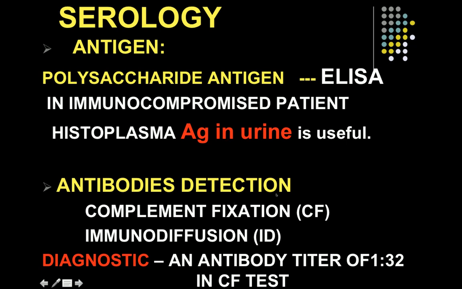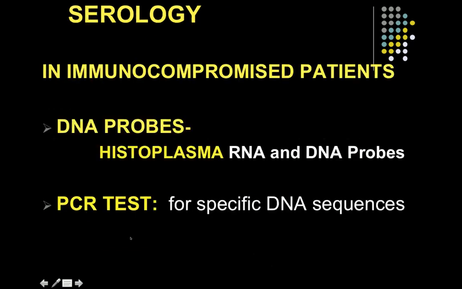Second are the antibody detection tests. The antibodies can be detected by complement fixation test or immunodiffusion techniques. Again, I'm telling you here that we have done all these tests in the chapter on serological techniques, so I'm not going to go into any details. If the antibody titer is 1:32 in the complement fixation test, then it is diagnostic for Histoplasma capsulatum.